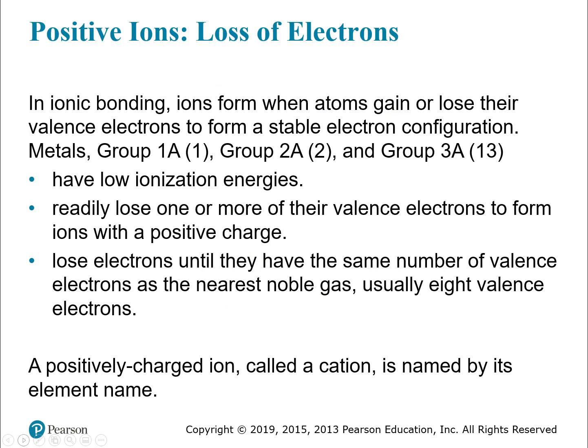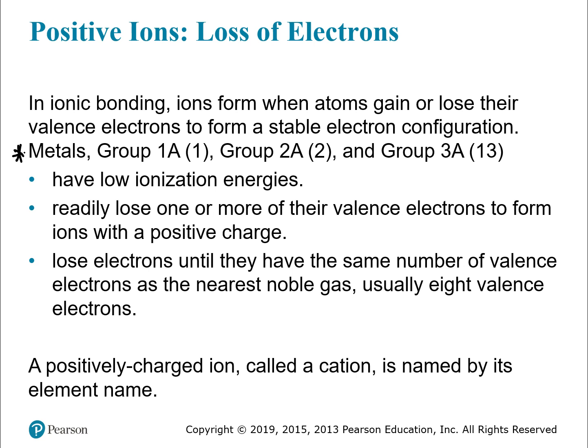Let's talk more about positive ions. So when you form an ionic bond, you've got a metal losing electrons and a nonmetal gaining electrons. With positive ions, we're talking about metals. So group 1A, group 2A, group 3A.